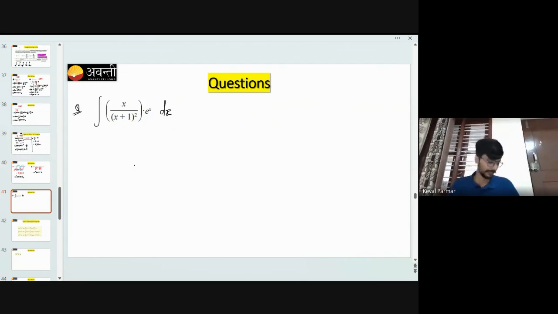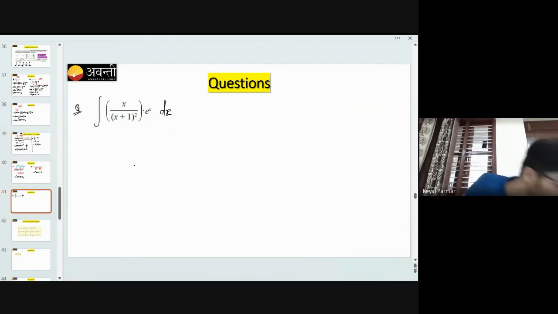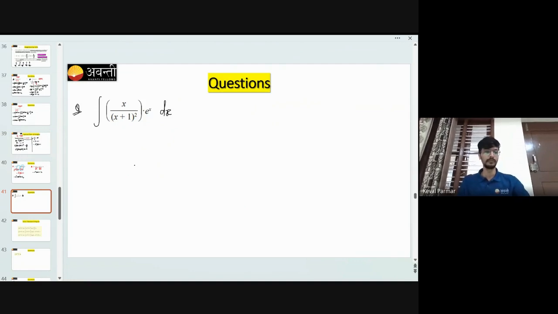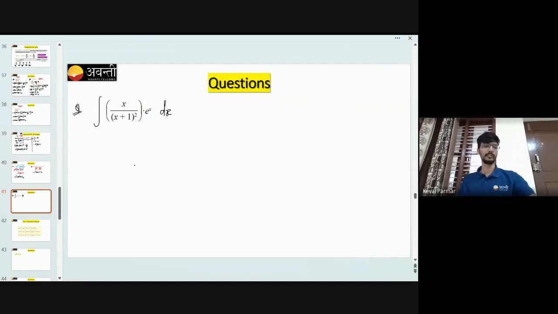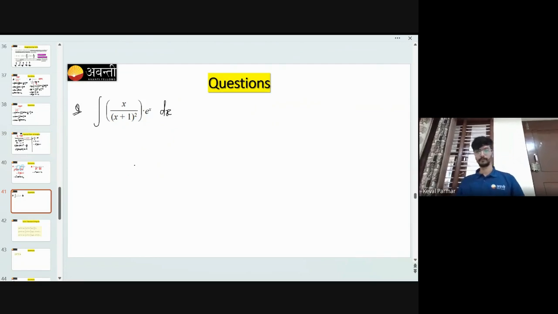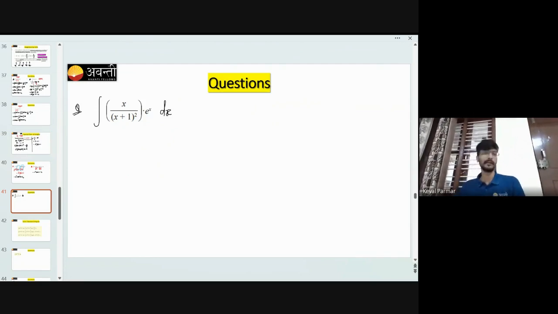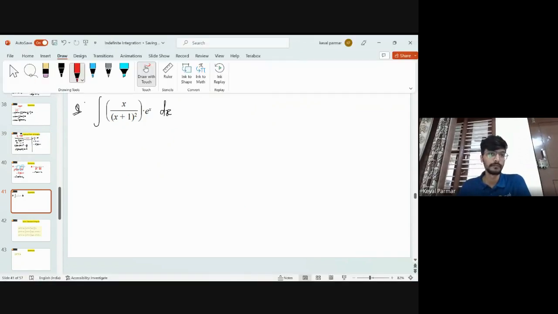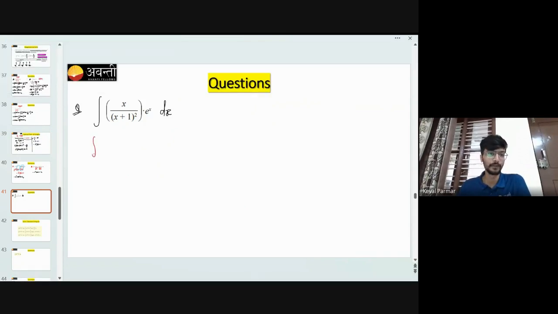So I'll give you 30 seconds to do whatever you can do here, to click, or to think about this question. After that, I'll proceed. I'll write the special form here, if you forgot: integration e raised to x f of x plus f dash of x dx.